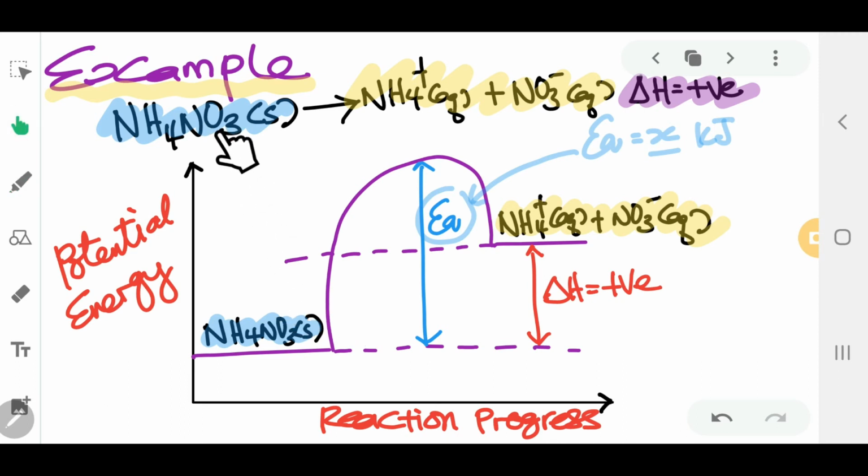You will have your reactants, which is NH4NO3 solid, at lower potential energy compared with the products over here at higher, and the EA value will be from the top here until the dotted line for reactants, and the delta H value will be between the product potential energy line and the reactant potential energy line right here. So you will have delta H equal to positive.